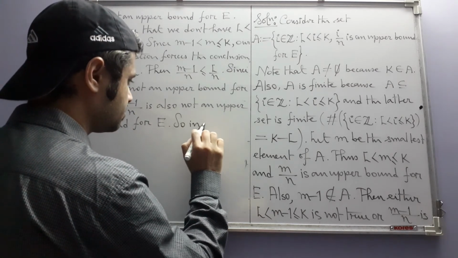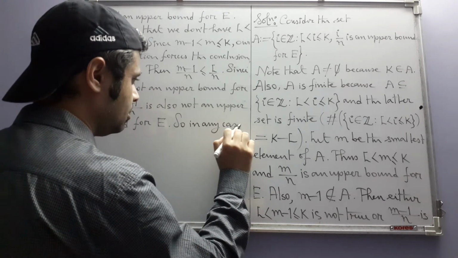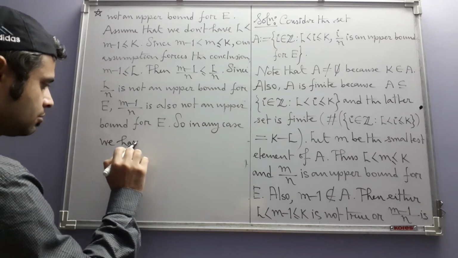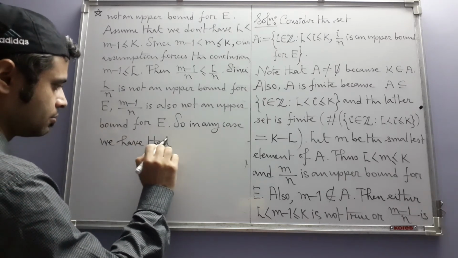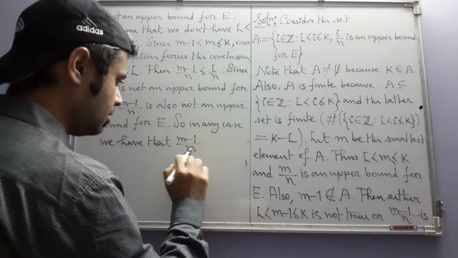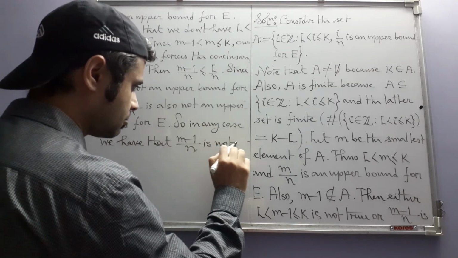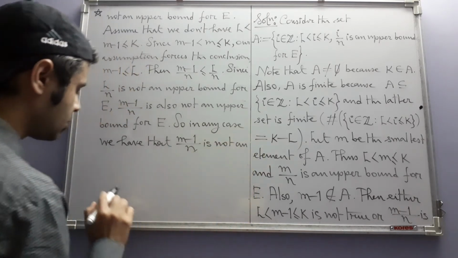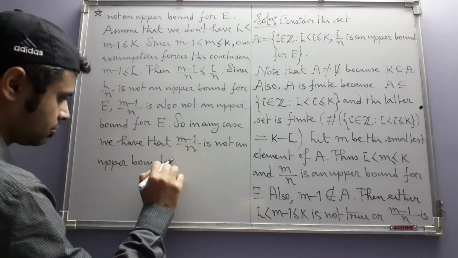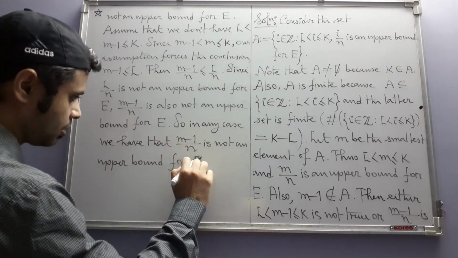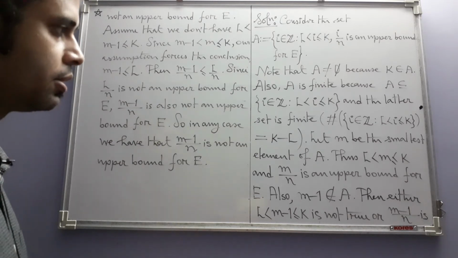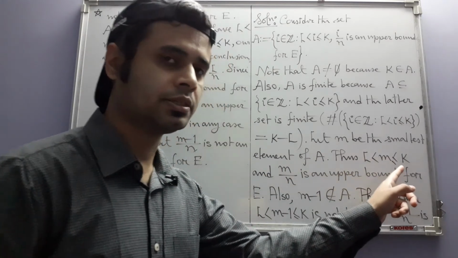So in any case, we have that M minus 1 divided by N is not an upper bound for E. So that completes the solution, because we have shown that M satisfies these inequalities.